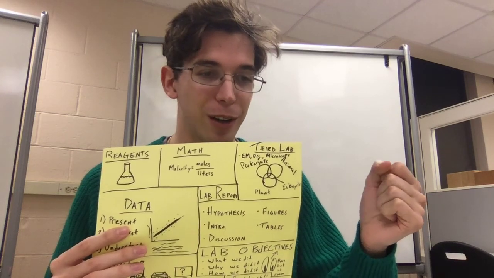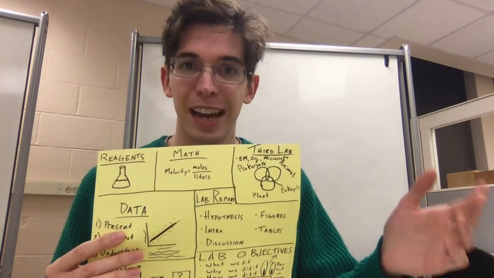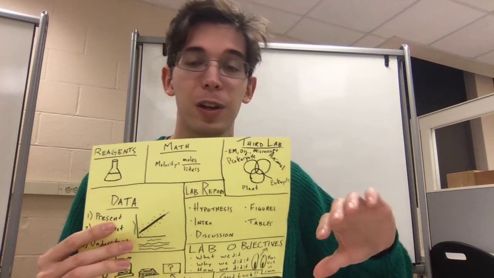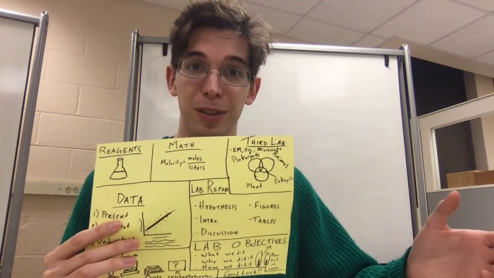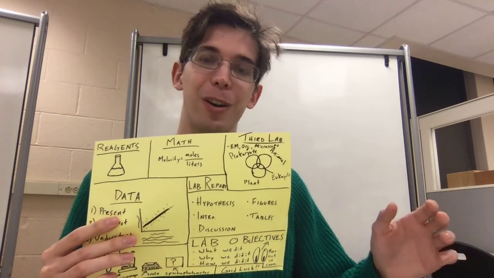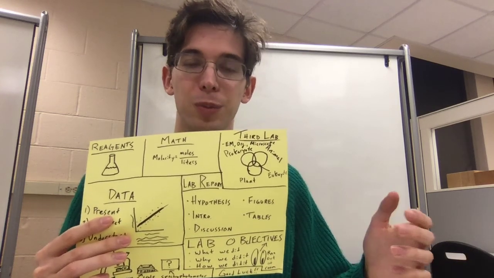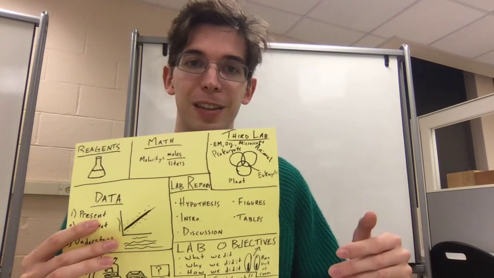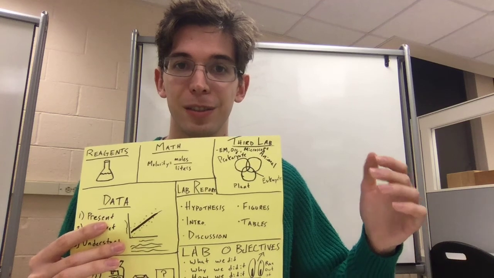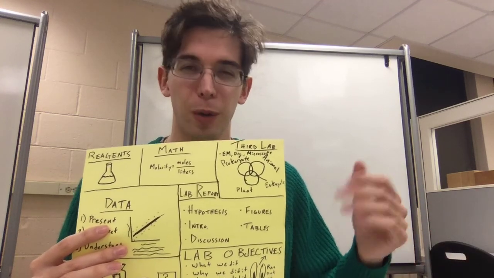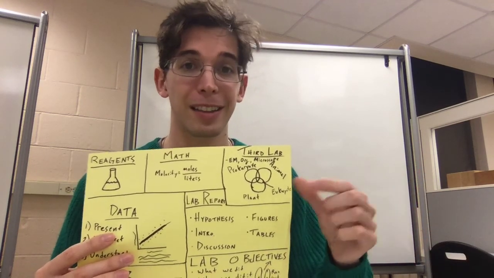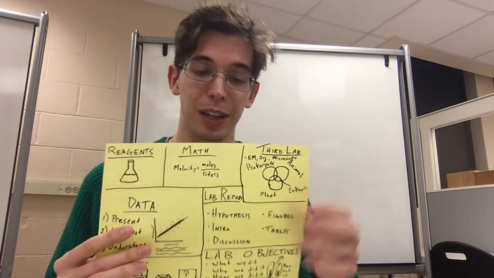We looked at all of the dialysis tubing, looking at how sucrose couldn't pass the dialysis membrane, but water could, and how cells would react differently to different solutions that they're in. So that's another thing that is important that a lot of people forget about, but you can expect to see on the practical.